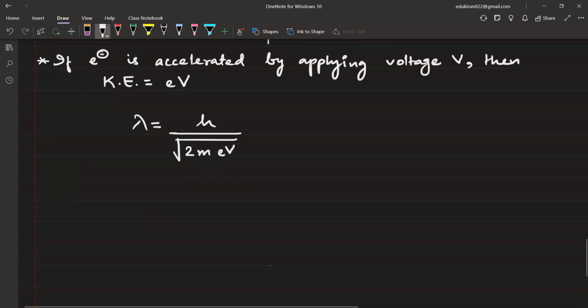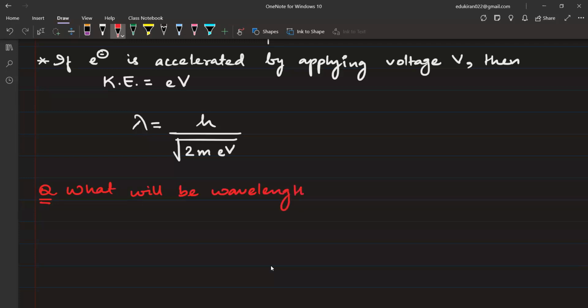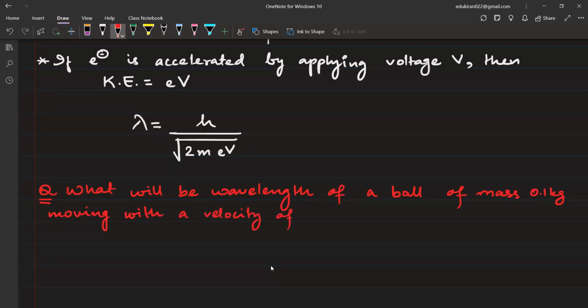Now write a question. What will be the wavelength of a ball of mass 0.1 kg moving with a velocity of 10 meter per second?